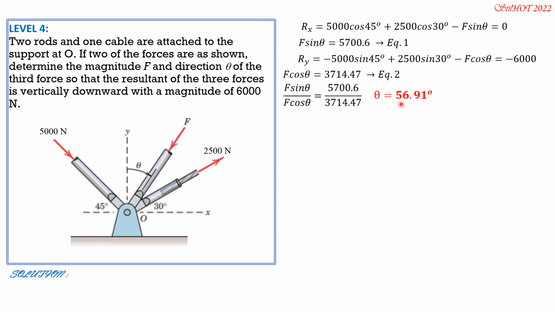Then substitute this theta into equation 1 to solve for F. F sine of 56.91 degrees equals 5,700.6. So we can now compute the magnitude of F, 6804 newtons to 4 significant figures.